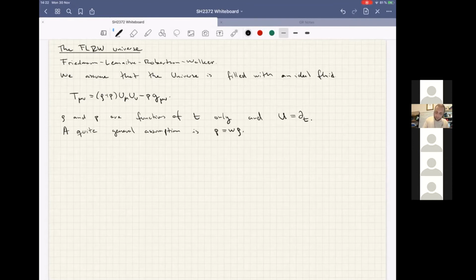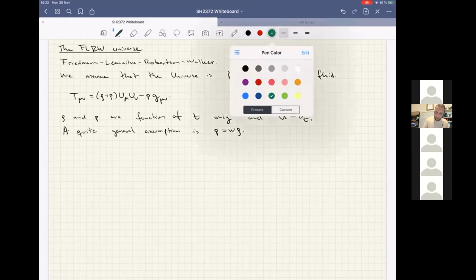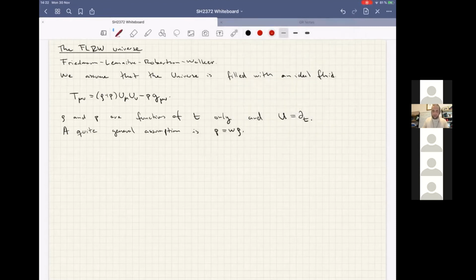So if you remember back in the larger course, we had a discussion where we said that w equal to 0 is a matter gas or dust, and w equals 1/3 is a photon gas, essentially, or relativistic gas.